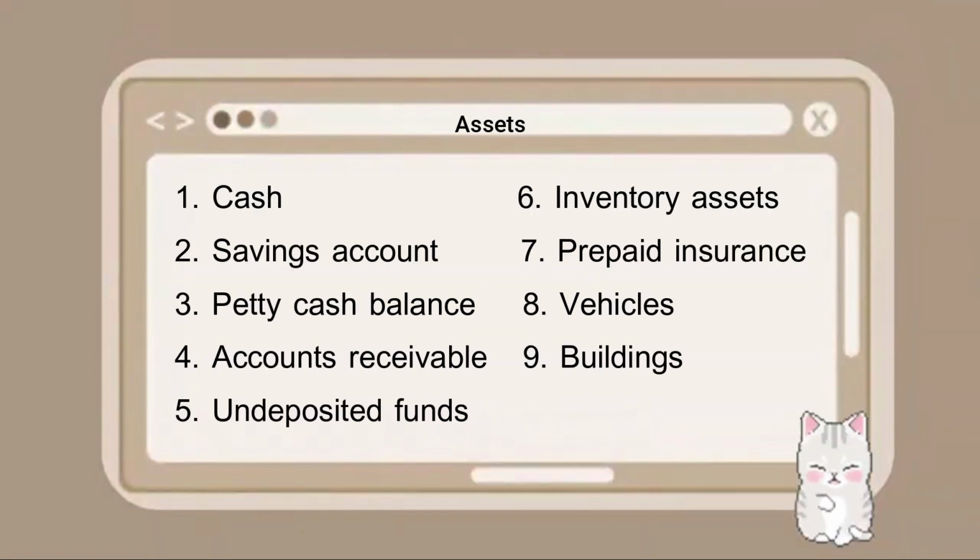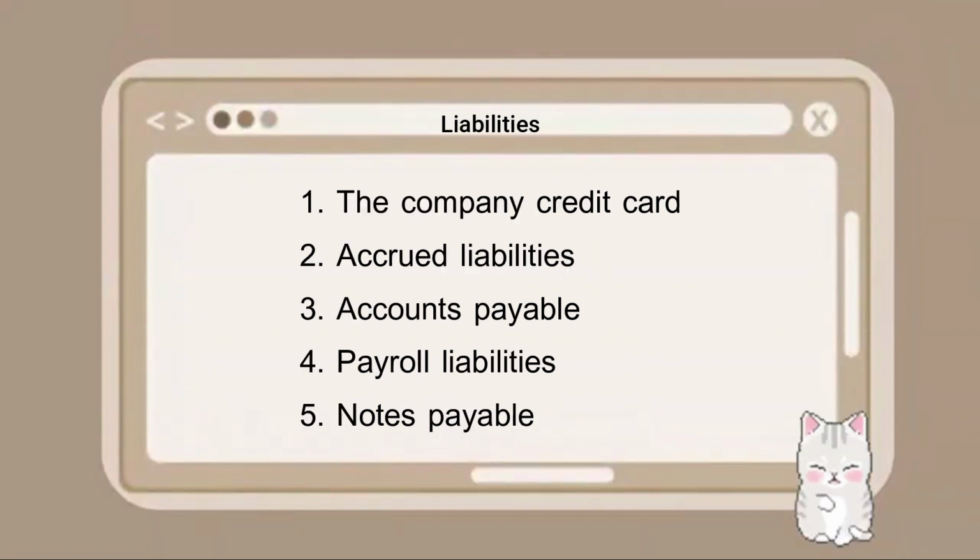For a small corporation, a chart of accounts might include the sub-accounts under the assets account: cash, savings account, petty cash balance, accounts receivable, undeposited funds, inventory assets, prepaid insurance, vehicles, and buildings.